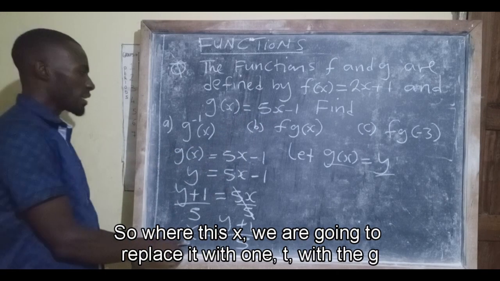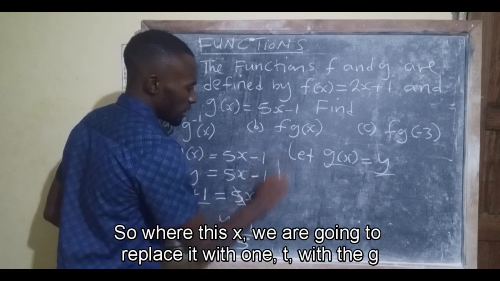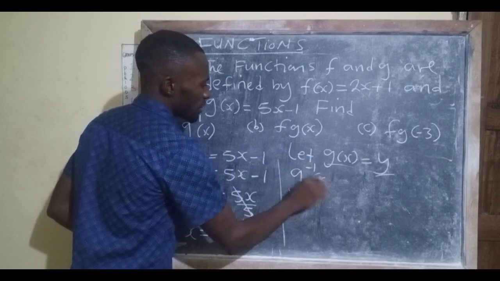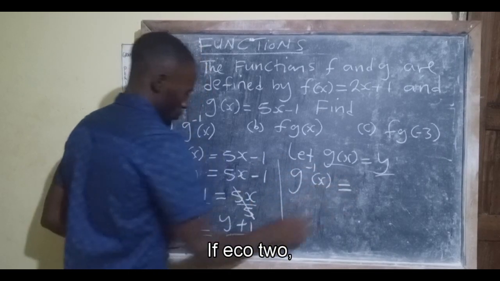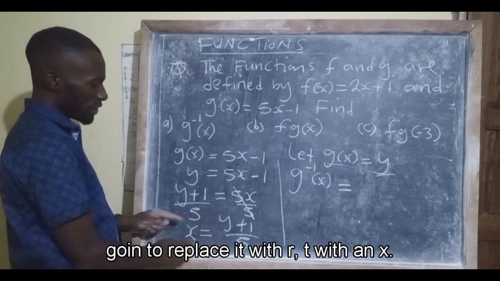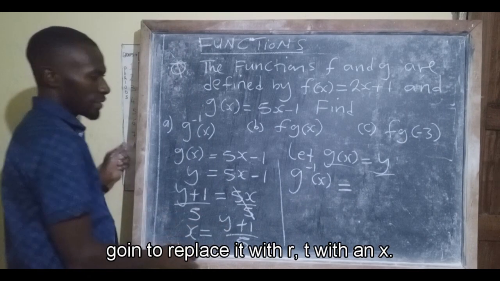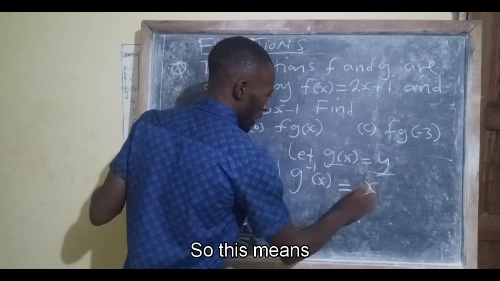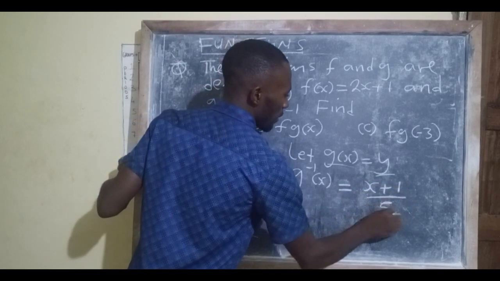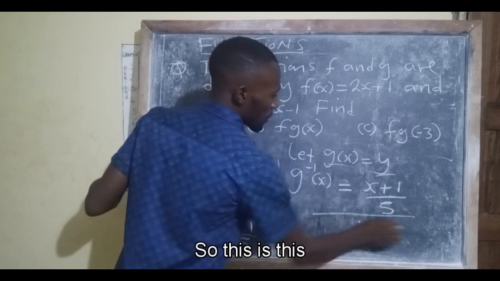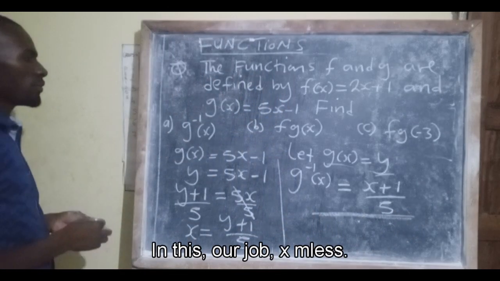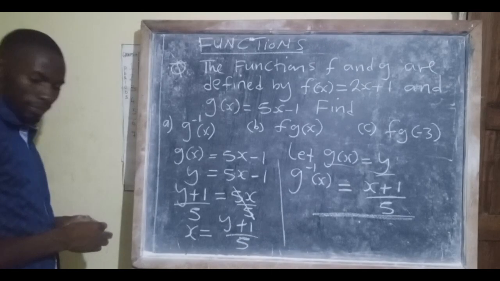So g of x inverse is equal to, where there is y this side, we replace it with an x. So this means we are going to have x plus 1 over 5. So this is our inverse, our g of x inverse.